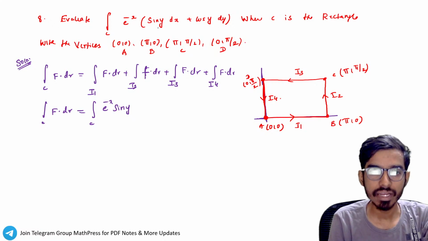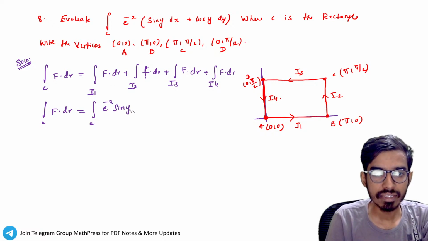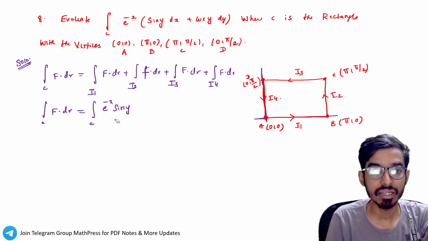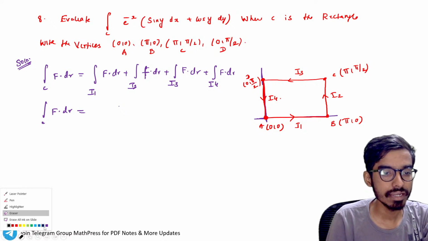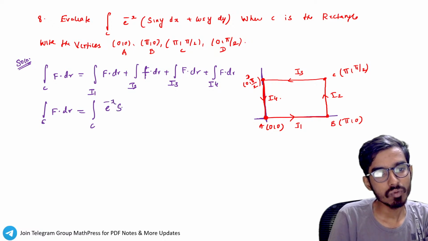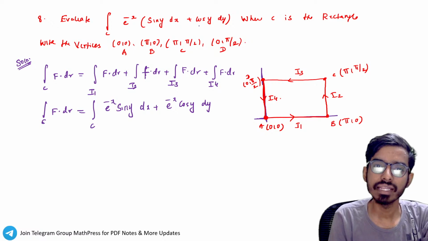That means this is nothing but f dot dr. It is not f, it is f dot dr. So f dot dr is e power minus x sin y dx plus cos y dy. I think you're getting my point. They have given f dot dr directly.